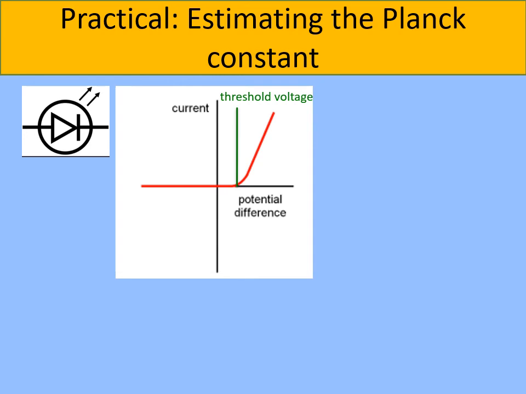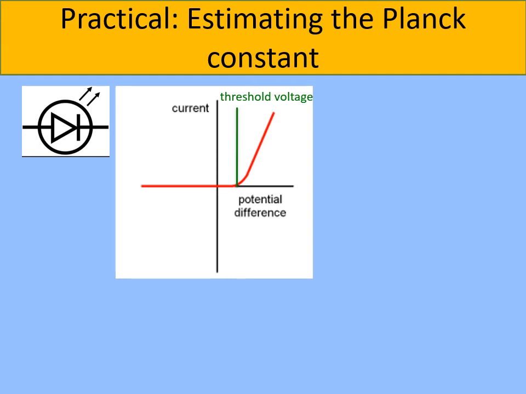It conducts in one direction only, the forward direction. It requires a minimum voltage called the threshold voltage, marked in green on the graph, to be applied in this direction before it allows a current. LEDs of different colors require different threshold voltages before they conduct and emit light.